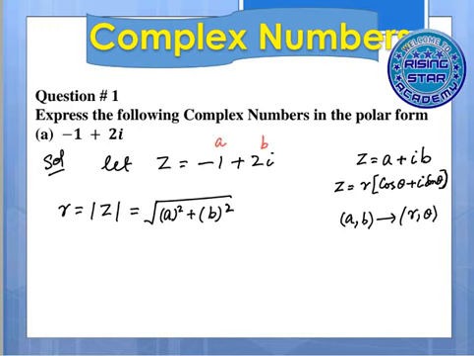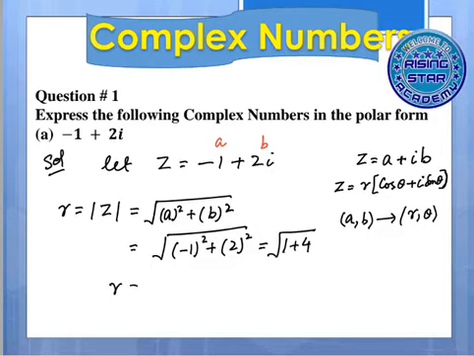So let's write the coefficients. So negative 1 square plus 2 square. That would be negative 1 square is 1, 2 square is 4. So r is equal to square root of 5. So this is my r value or the modulus.